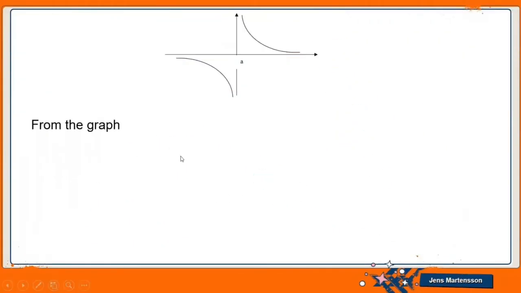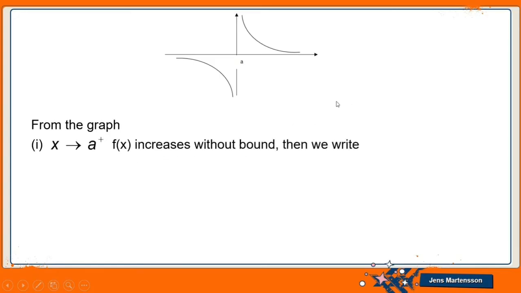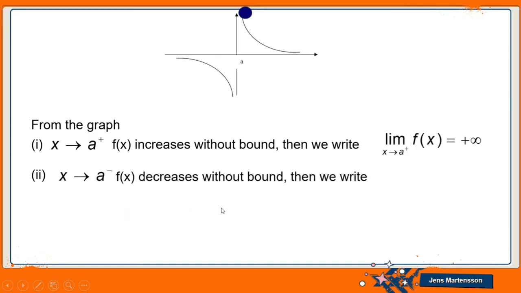Okay, from the graph we can see that when x approaches a from the right, f(x) increases without bound. Then we write limit f(x) when x approaches a from the right equals positive infinity. Number 2, when x approaches a from the left, f(x) decreases without bound.